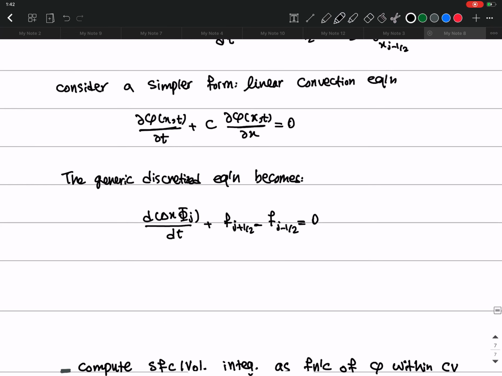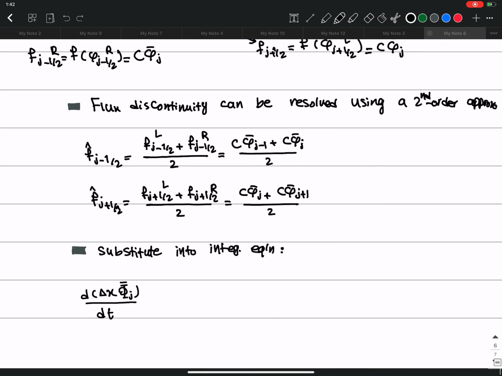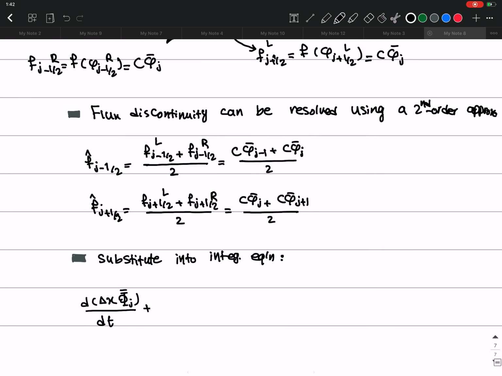This is the equation we had, plus f j plus 1/2 minus f j minus 1/2, which is going to be approximated as delta x d phi bar j over dt plus f hat j plus 1/2 minus f hat j minus 1/2.